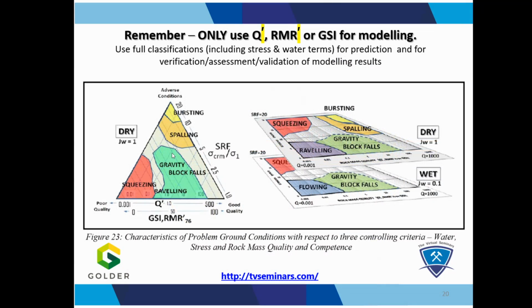So remember, only use Q prime or RMR prime or GSI for modeling. Use the full classifications, including the stress and water terms, if you want to look at behavior and compare that behavior predicted by your modeling with modeling results.